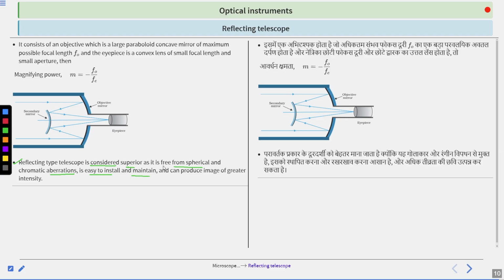Superior because it is free from spherical and chromatic aberrations, easy to install and maintain, and can produce image of greater intensity. Clear? So this is the main point of the reflecting telescope. I hope this is all clear.